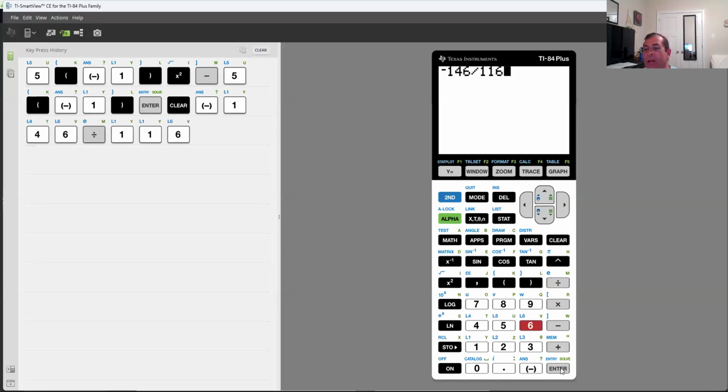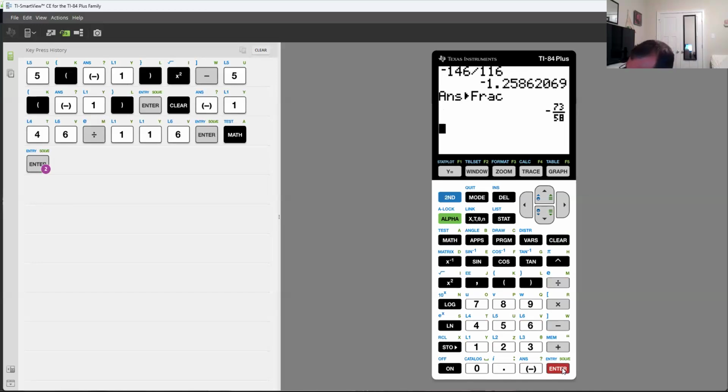Now, at first it's going to give you a decimal. But if you hit math and enter twice, it'll turn a decimal back into a fraction. And y'all, it looks like that reduced to a negative 73 over 58. So basically, they divided the top and bottom by 2 on that, okay?